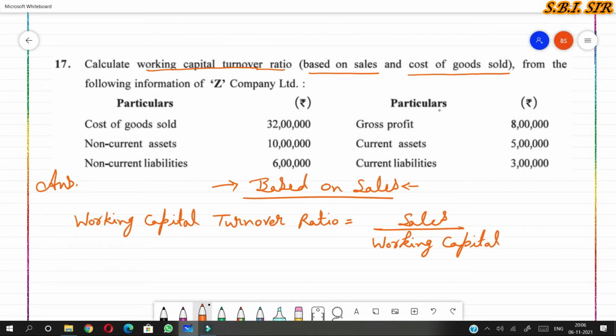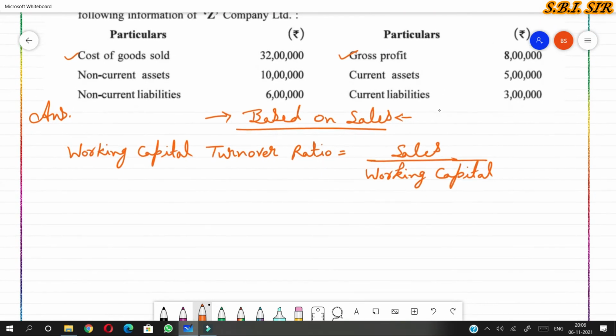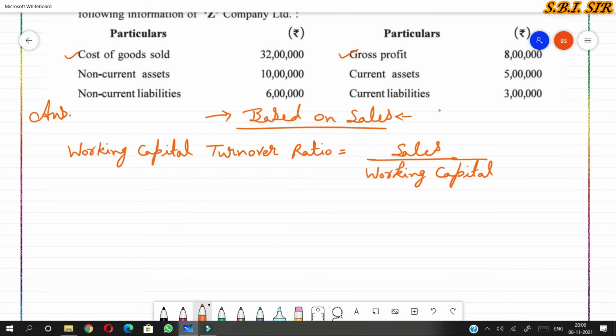Here sales is not given. We have cost of goods sold and gross profit. On the basis of cost of goods sold and gross profit, we can find out sales like this. Cost of goods sold equals sales minus gross profit.